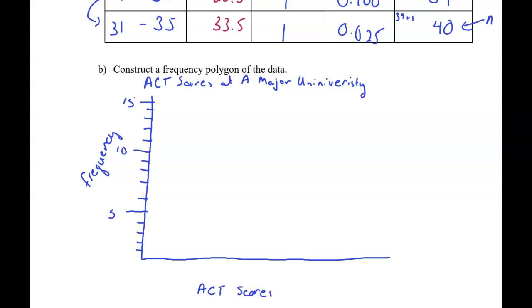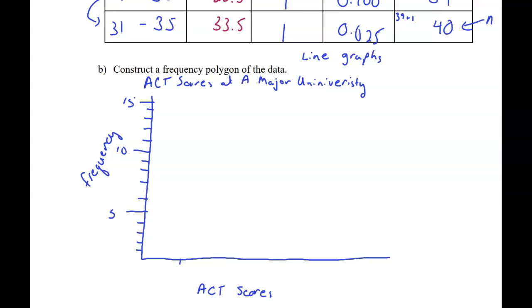And since this is a frequency polygon, the polygon is going to use the midpoints because a polygon is a line graph that's going to use the midpoints on the x-axis.